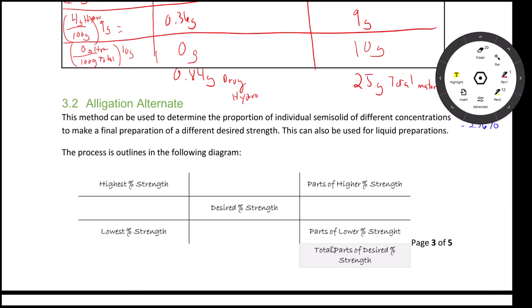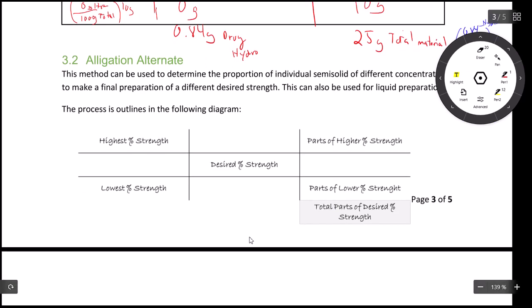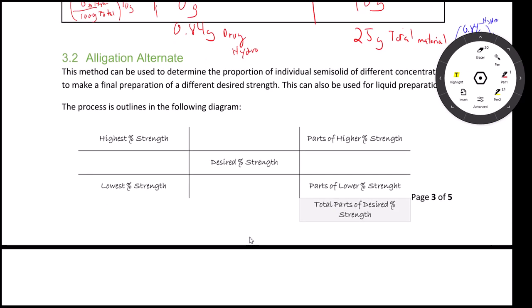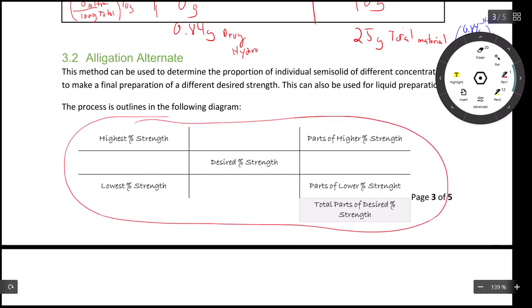There is a method that you can use which looks like this in this diagram here that you will see. This diagram can be used to solve these problems easily and organized. It's like a checkerboard, right? Tic-tac-toe.